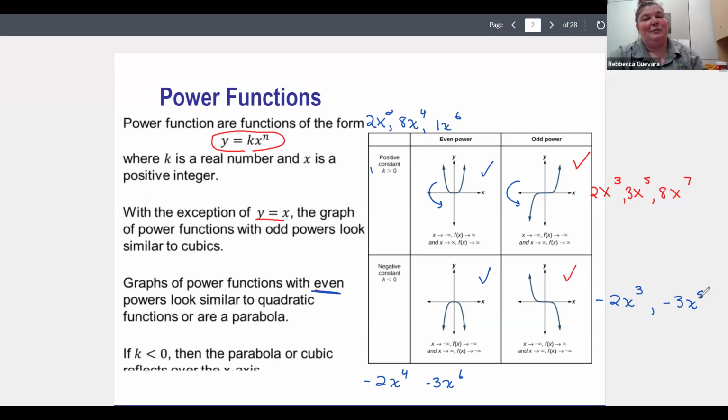We talk about this because a lot of the behavior that we see with long-term behavior and short-term behavior is largely governed by your power functions, and by what we know about them. We know we get this shape if we have a positive coefficient and even powers, positive coefficient and odd powers, negative coefficient and even powers, and negative coefficient but odd powers.